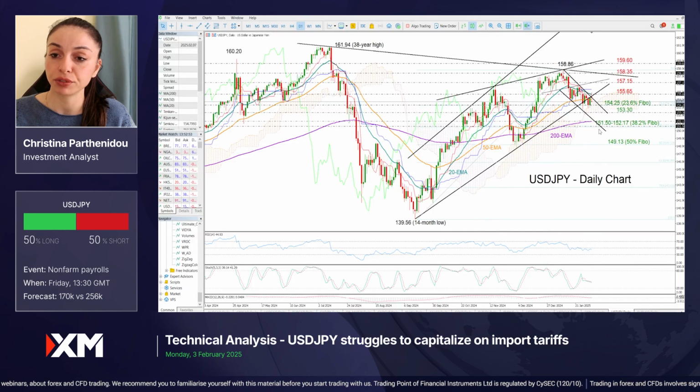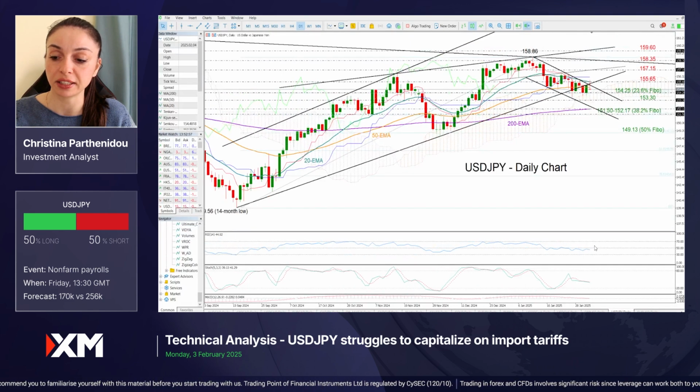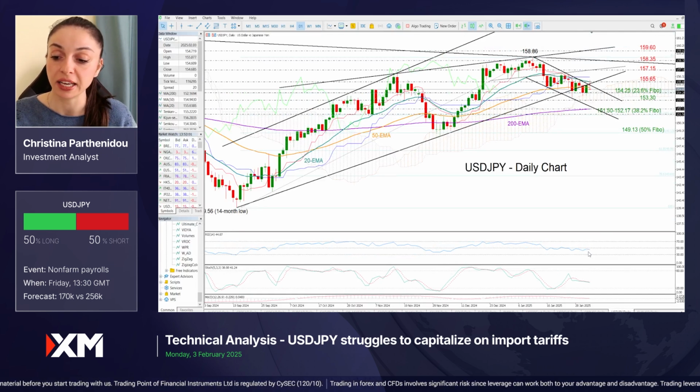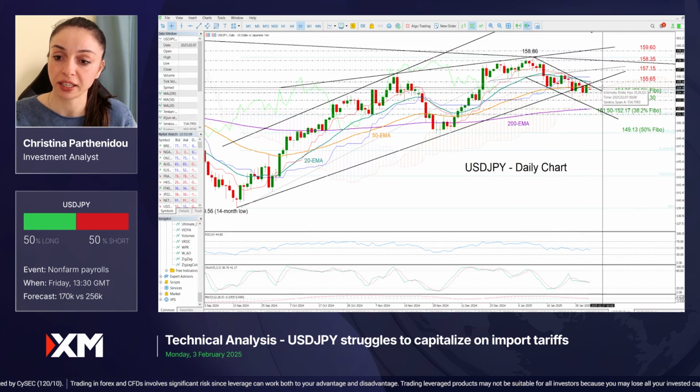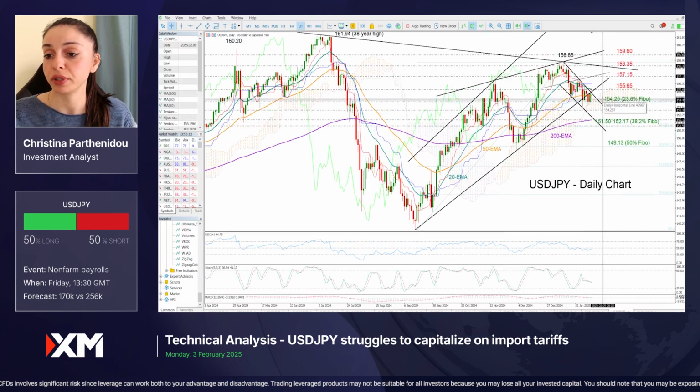So negative risks haven't really evaporated in this market, and this is also reflected in the technical indicators. We can see that the RSI has yet to rise above its 50 neutral mark, and the price itself is still below its 20 and 50-day exponential moving averages. So there is risk for additional losses.